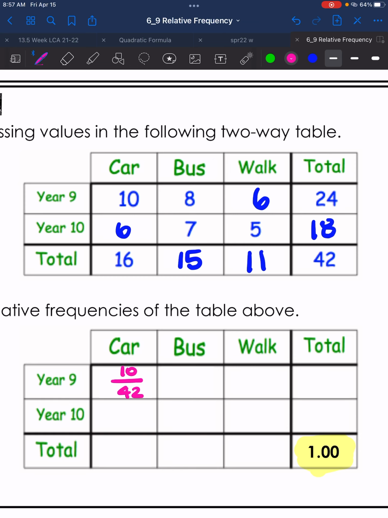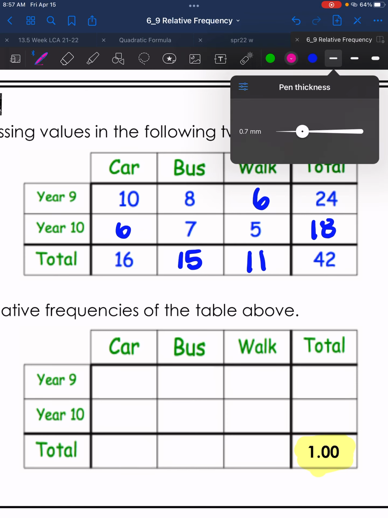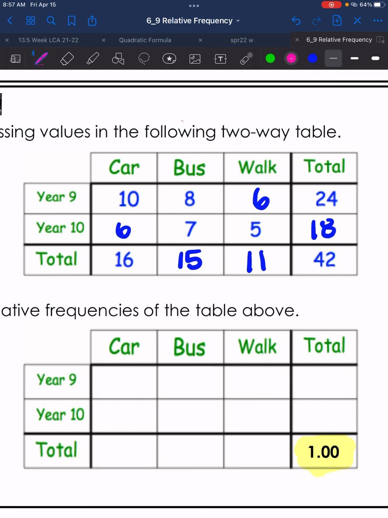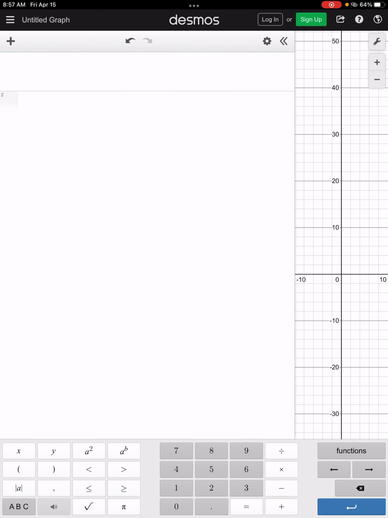Let me move that over because I need to be able to write some stuff beside it. So we got 10 over 42, and I have to figure out that decimal, so I'm going to go to Desmos. 10 divided by 42 gives me a long decimal, but I'm going to leave it to 2 decimal places.